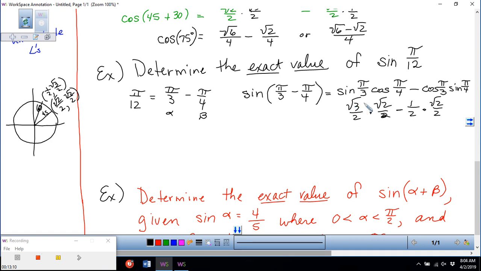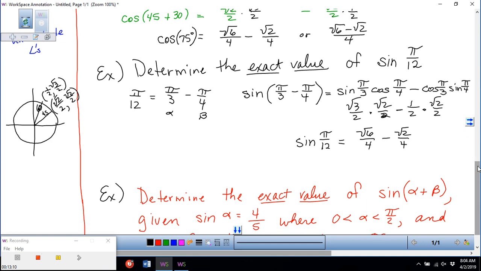And as we simplify, we get square root of 6 over 4 minus the square root of 2 over 4. And this would be the exact value of the sine of pi over 12.